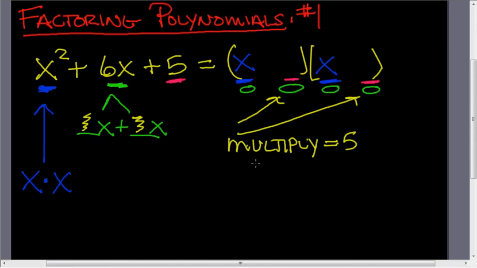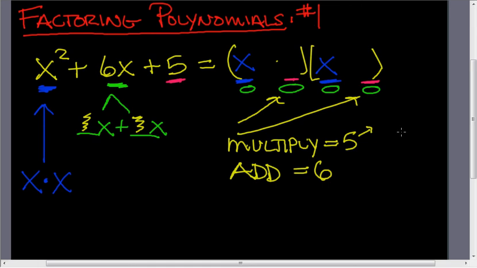So we know that while they multiply to 5, they're going to add up to make this middle term, 6. So we're looking for two numbers that multiply to 5 and add up to 6. We can go through a whole bunch of different combinations, but the easiest way is to figure out what are all the ways of multiplying to make 5, and then see if there's some way that adds to 6.